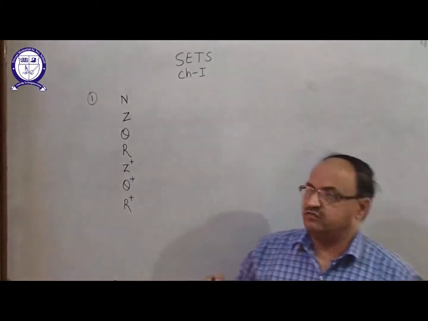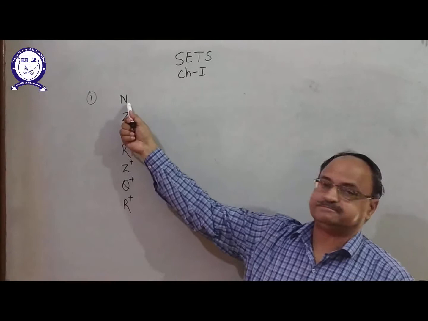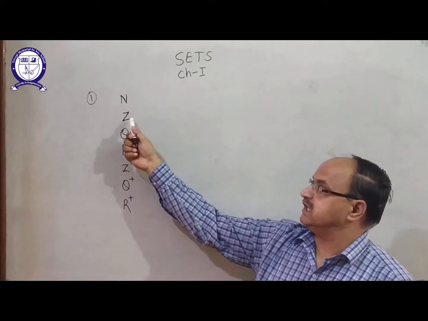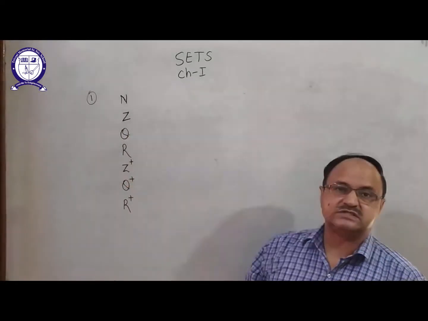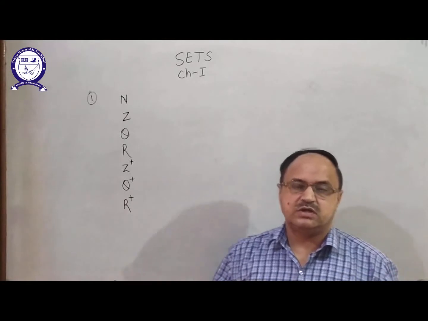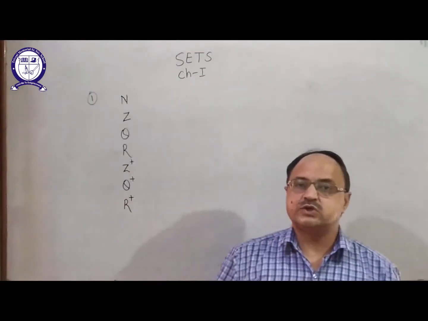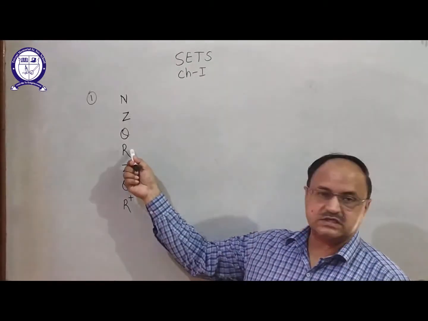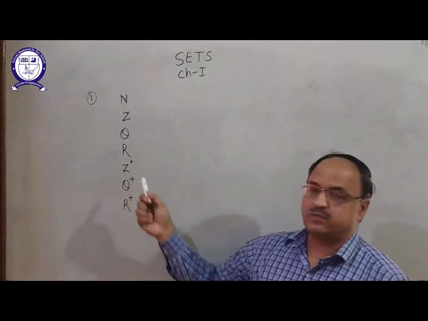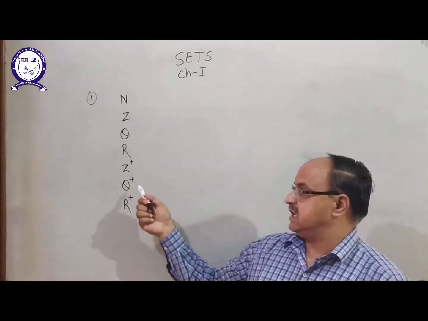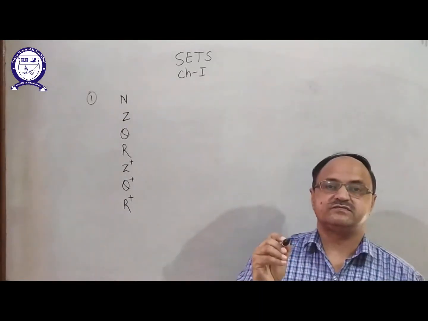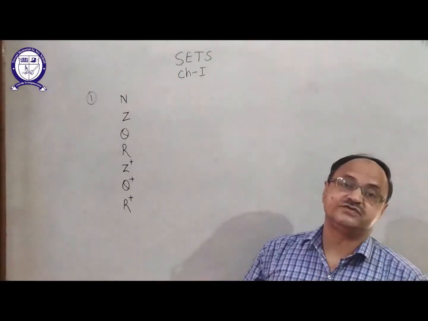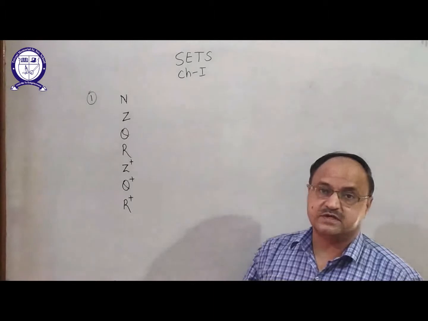These symbols we use in this chapter. Rational number, you already know, is a number in the form P by Q where Q is not equal to 0, and P and Q are integers. These symbols we use in sets.